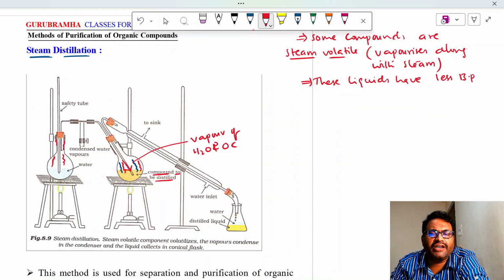Both vapors are made to move through the condenser, and finally what you get? This upper layer is water, and this lower layer is the organic compound.